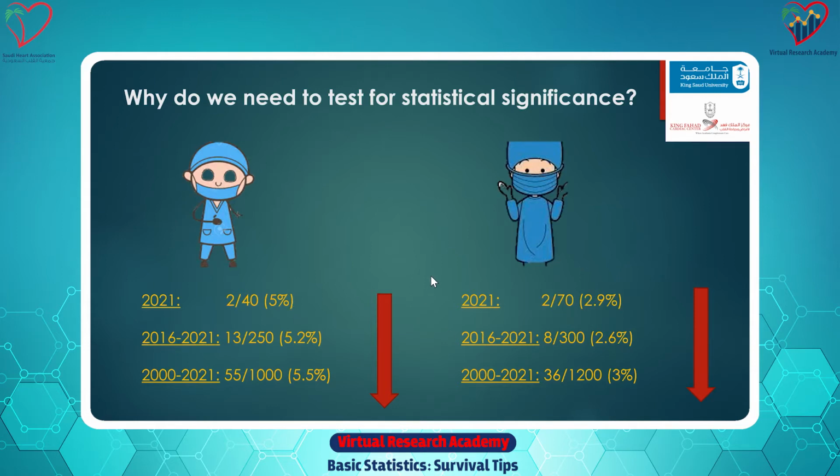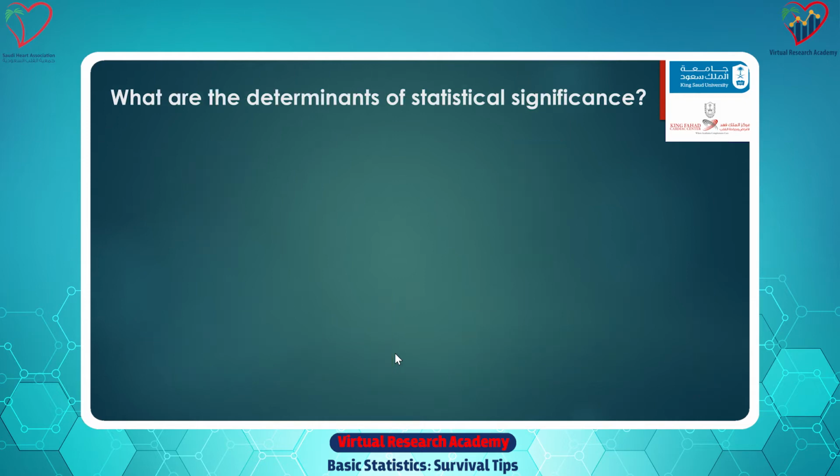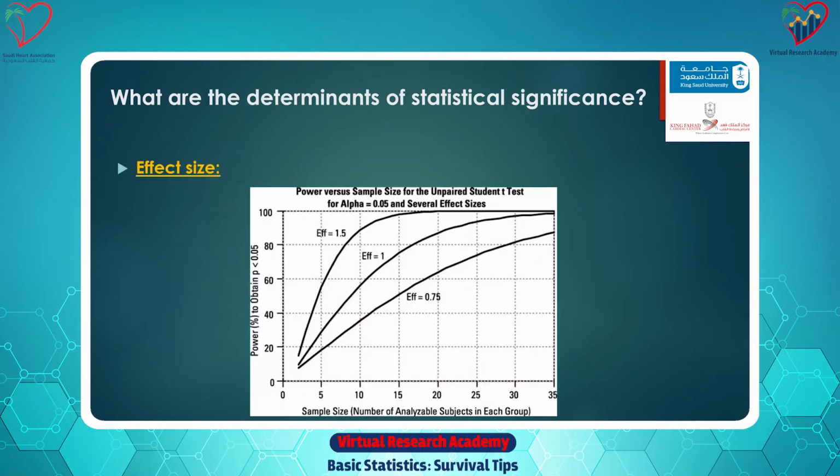But for you to have more confidence, i.e. statistical significance, we increase the sample size. And that's exactly what happens with the true calculated statistical significance: when you increase the sample size, you get statistical significance. The second factor is the effect size, meaning how large is this difference?